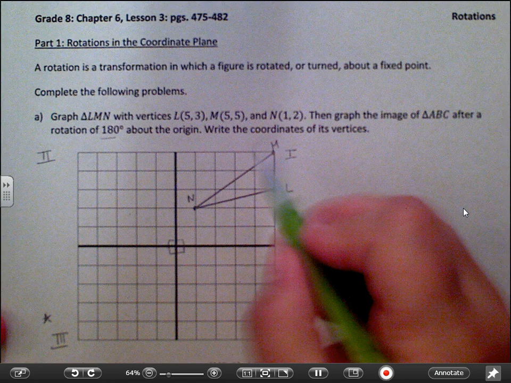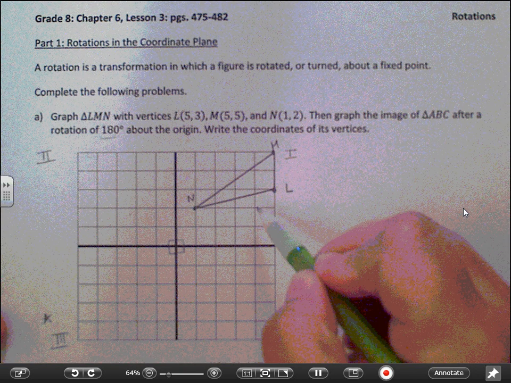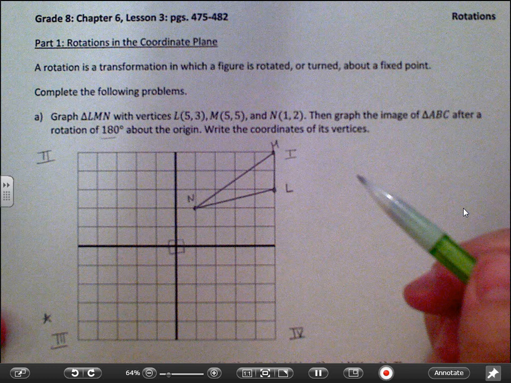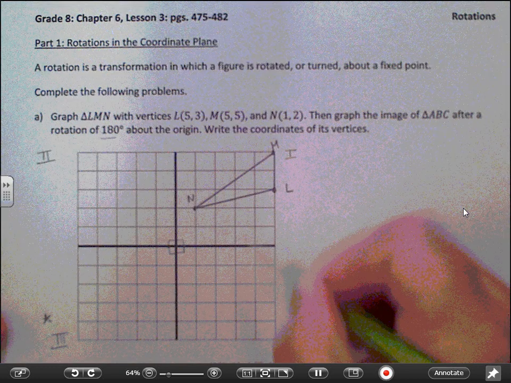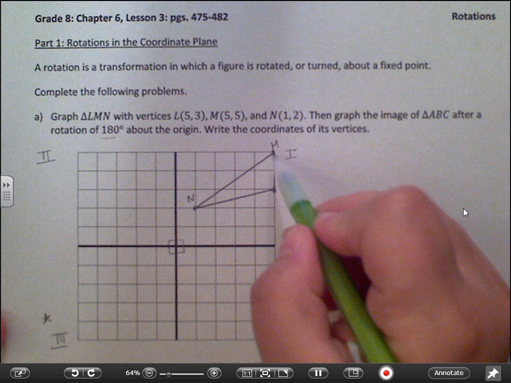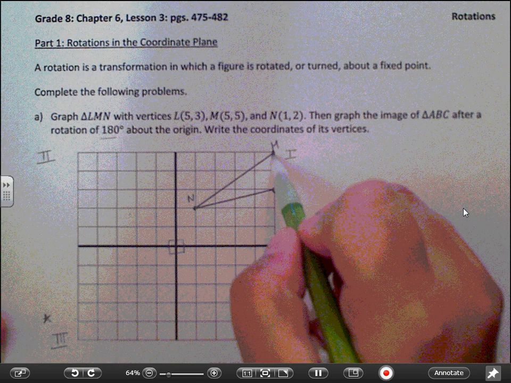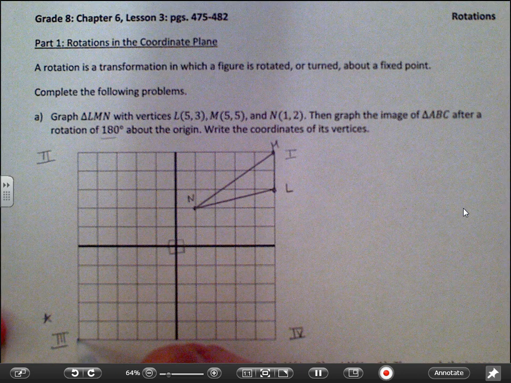I want you to notice this triangle right now is in quadrant 1. If it lies in a couple quadrants, then focus on just one singular point. We'll focus on point M. Point M is in quadrant 1. I need point M to be in quadrant 3.